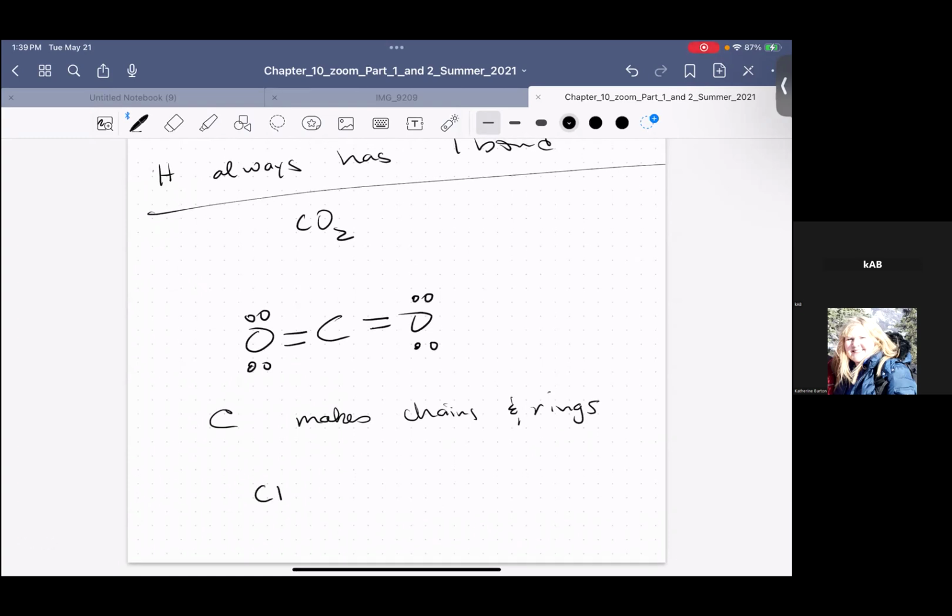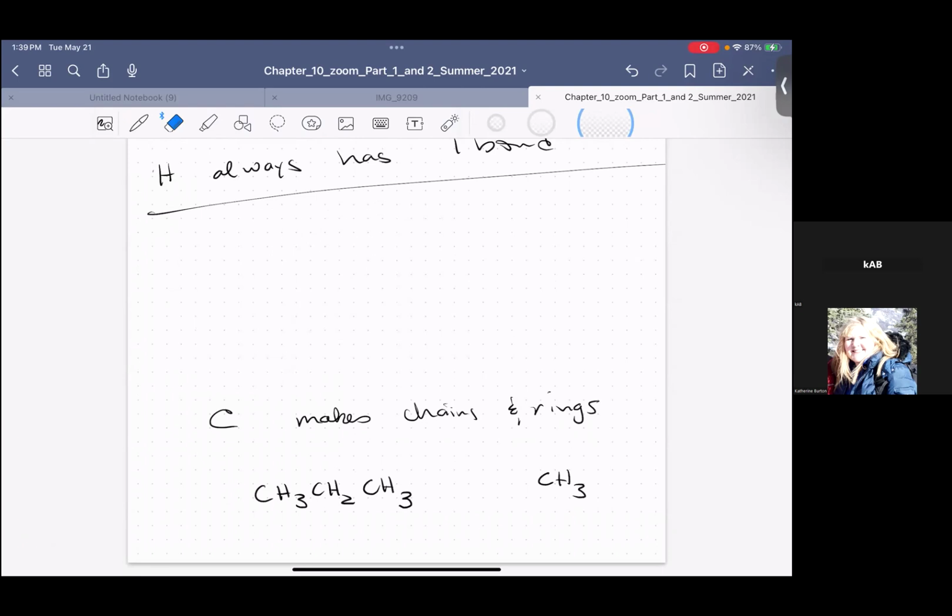And when we write these out, we've got a couple of ways of doing this. I'm just going to start out with propane, with this structure here. If we have a CH3, remembering that carbon wants 4 bonds, hydrogen wants 1, this would tell us that what we have with our CH3 is our carbon, the 3 hydrogens, and it's going to have to bond to something else.